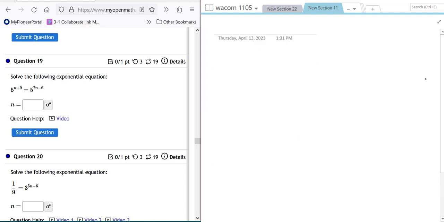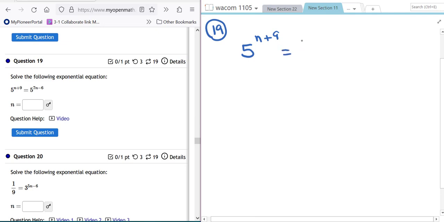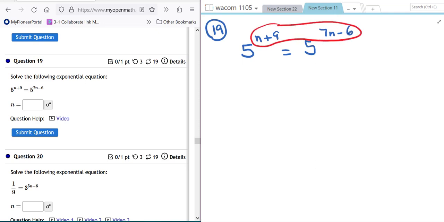This next one is already set up for you. It is an exponential equation, but it has the same bases. And so you will set the exponents equal. You just have binomials there. It's not a big deal. It is a linear equation. So you're going to get rid of an n.